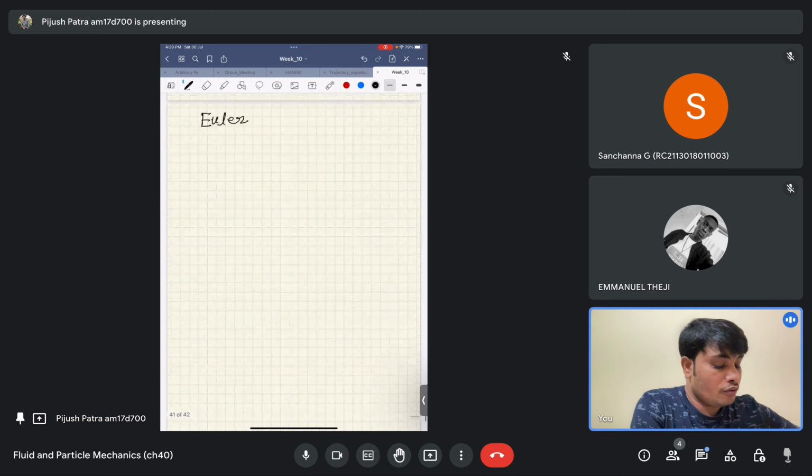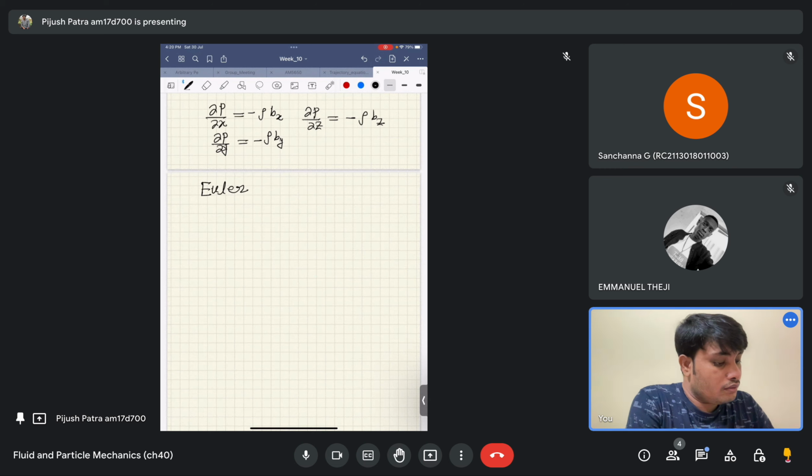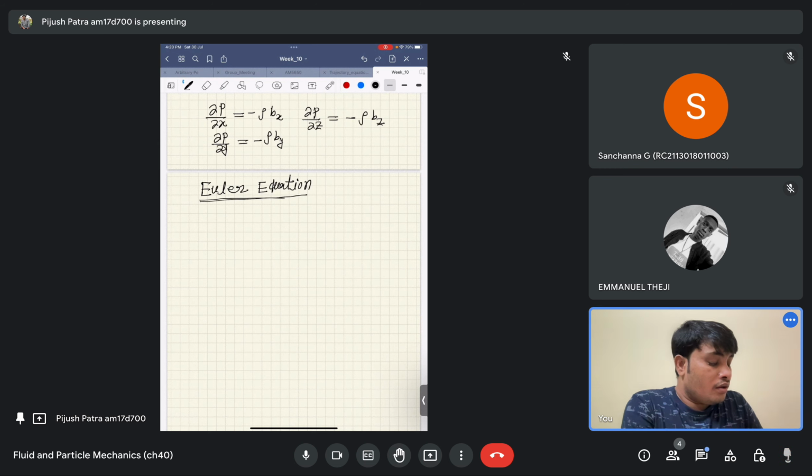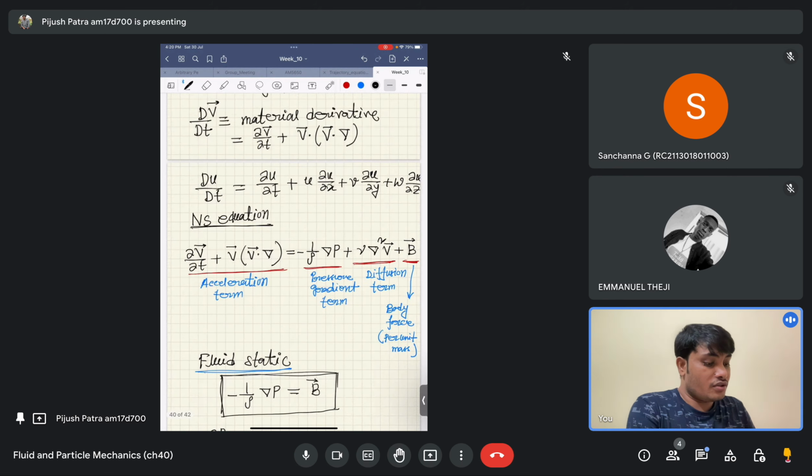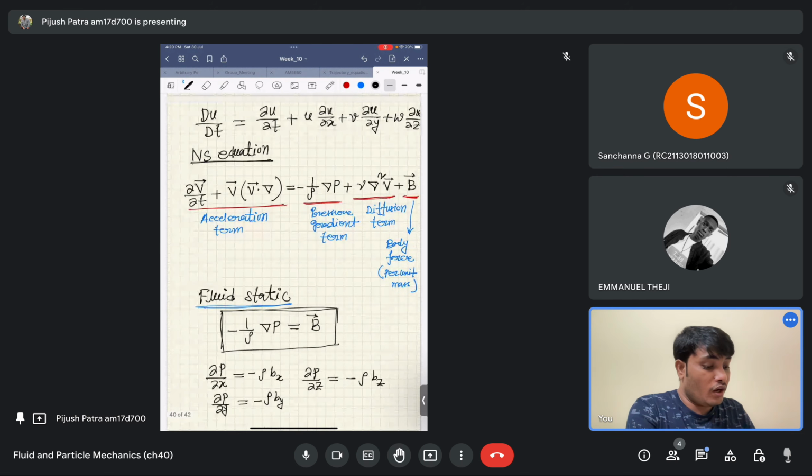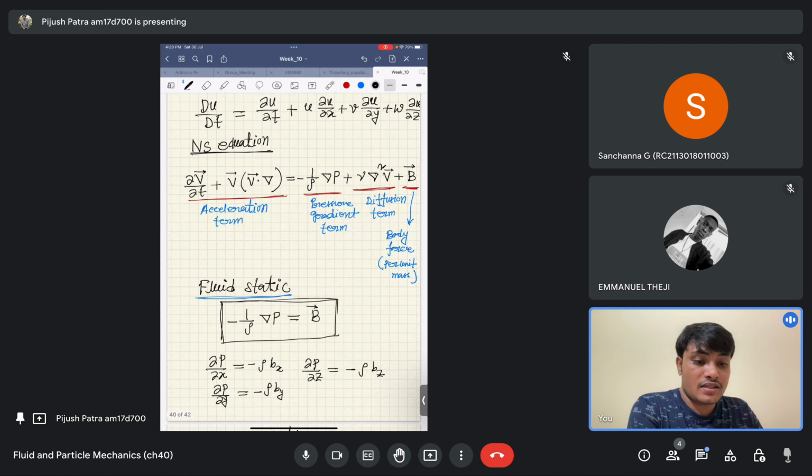Okay, so I will talk about the Euler equation. For the Euler equation, I can directly get it from the Navier-Stokes equation itself. The fluid is not at rest, so this acceleration term is there. The pressure gradient term is also there, but there is no effect of fluid friction, or no effect of viscosity.